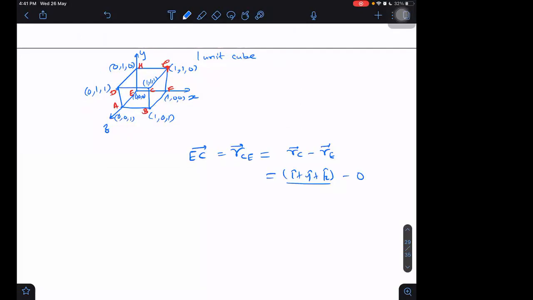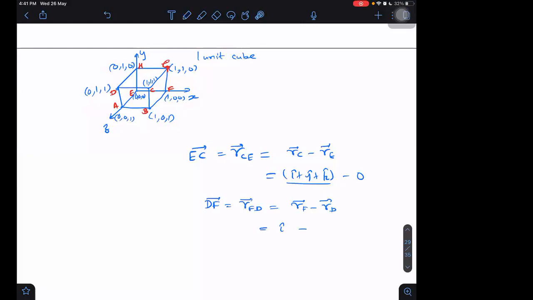What about another body diagonal? Any one you can take. For example, I could take DF, the position vector of F with respect to D. What is R of F with respect to D? RF minus RD. What is RF? I cap only.